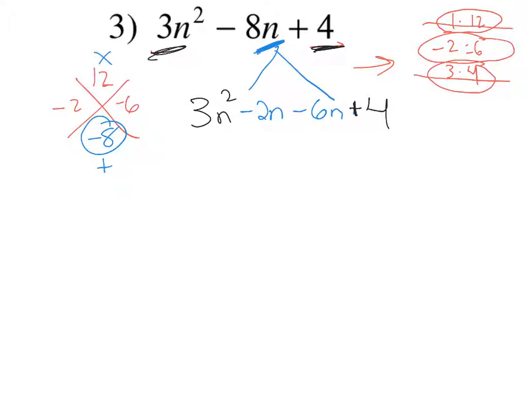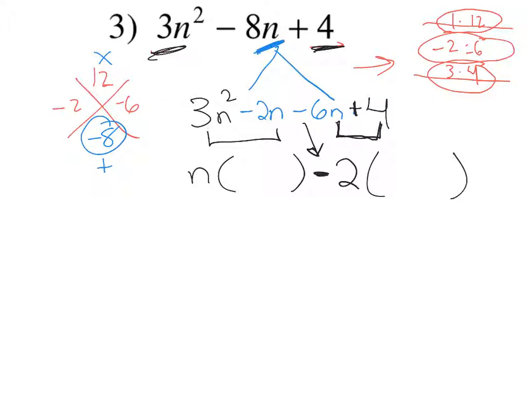All right, we have 4 terms, so we factor by grouping. Here we go. The first 2 terms have an n in common, so I'll factor out the n. The second 2 terms have a 2 in common. Don't forget, always pull out that sign that's in front, so we're pulling out the negative 2.